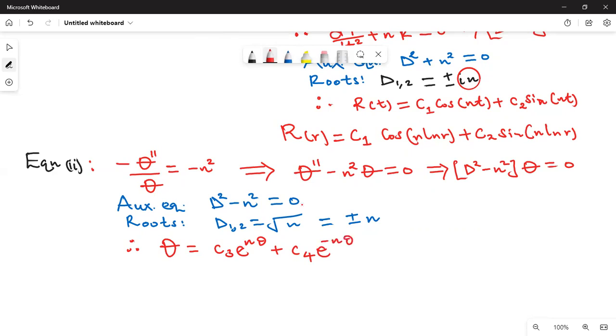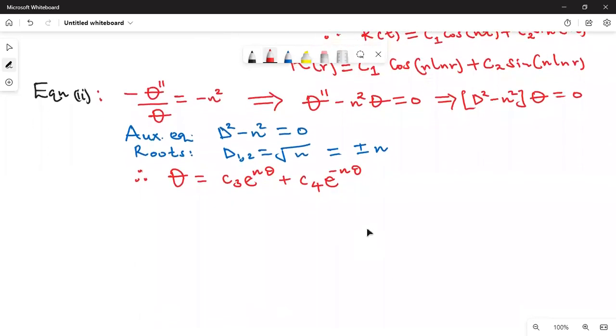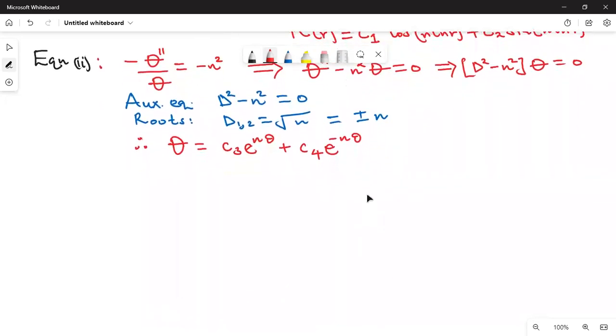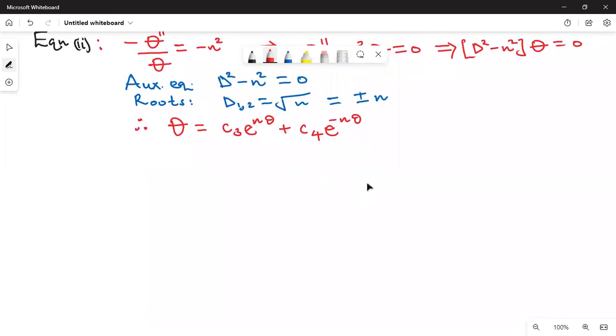That's what we have as our solution for the other variable, theta capital, where C3 and C4 are arbitrary constants. So what about the general solution?